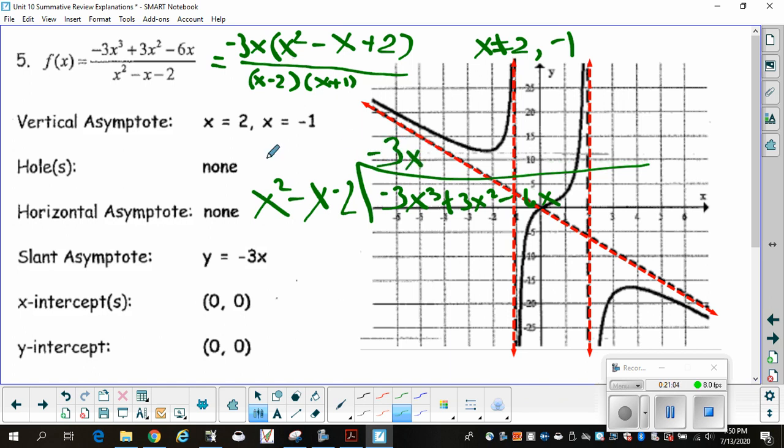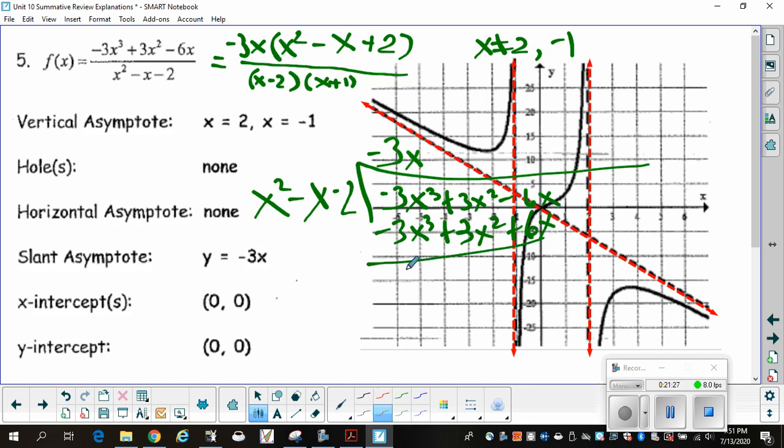-3x times. I multiply this out and I get -3x times x squared is minus 3x cubed. -3x times -x is plus 3x squared. -3x times -2 is plus 6x.